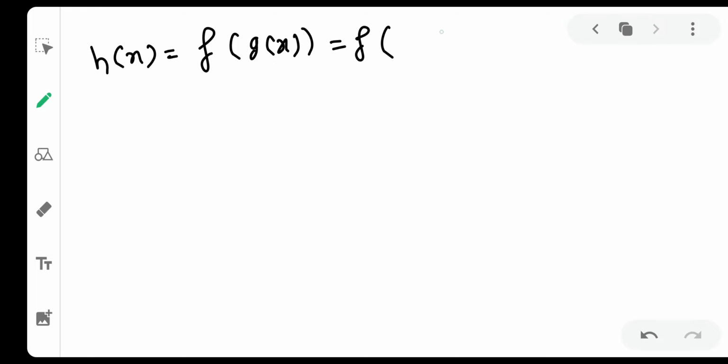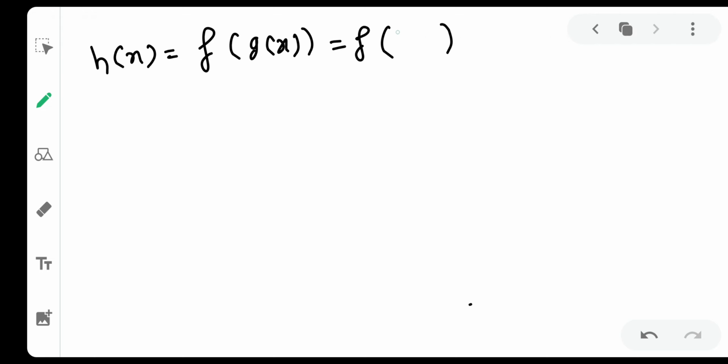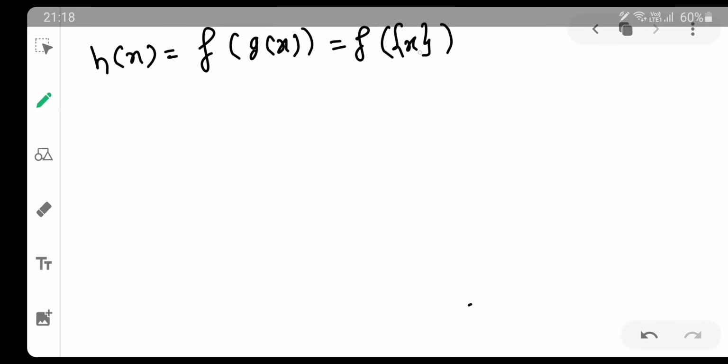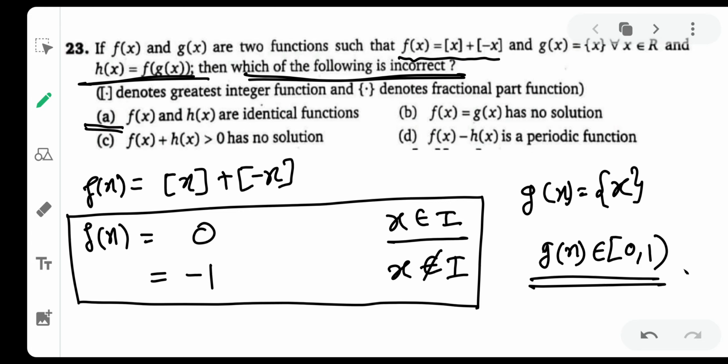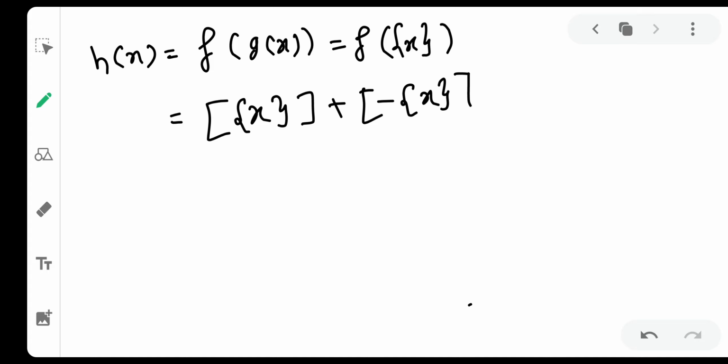So what is g(x)? Let us see. g(x) is equal to the fractional part of x. So this will be the fractional part of x. But f(x) is [x] plus [-x]. So this will be [{x}] plus [-{x}]. Again h(x) can be simplified further.